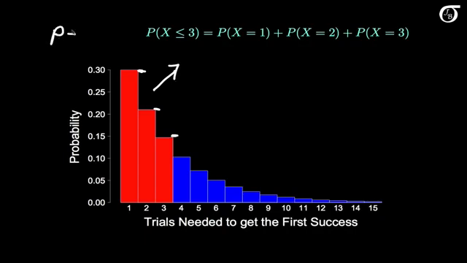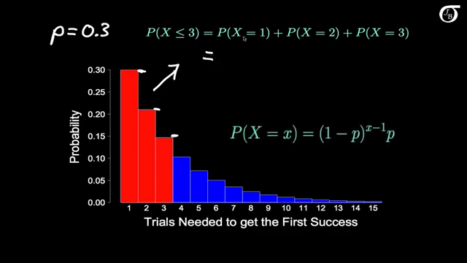Recall that p equals 0.3. The probability of success on any individual trial is 0.3, and the probability of failure is 0.7. The probability the first success occurs on the first trial is 0.7 raised to the 0 times 0.3. We get a success on the very first trial.